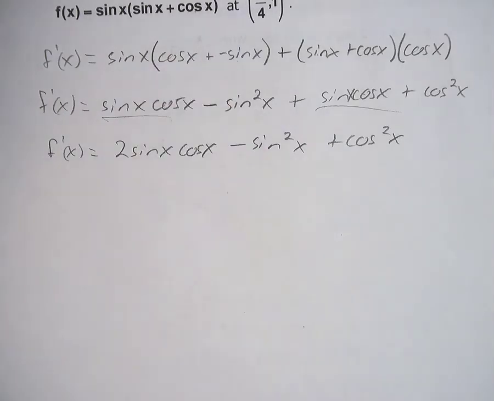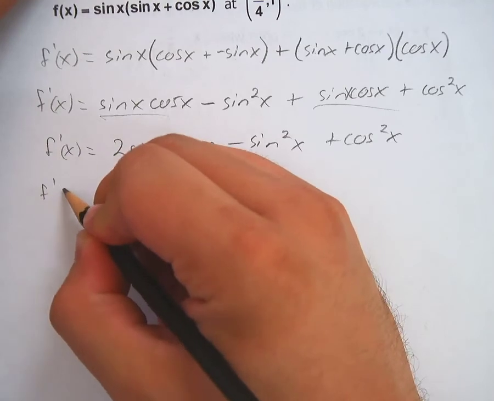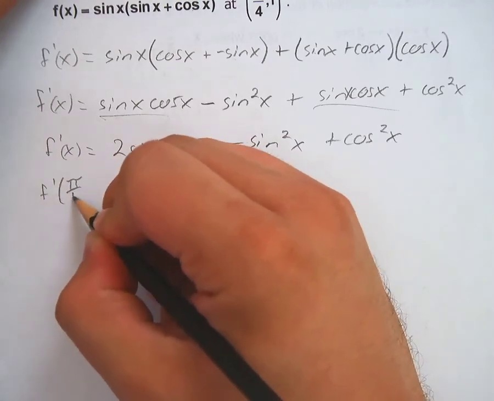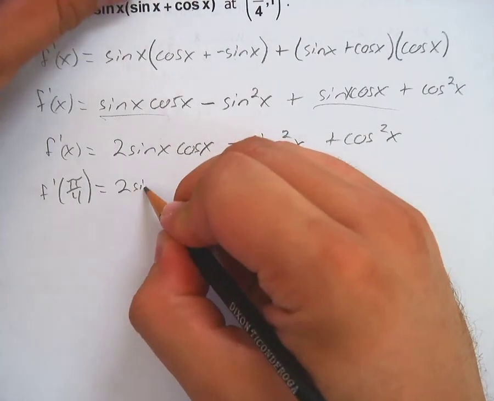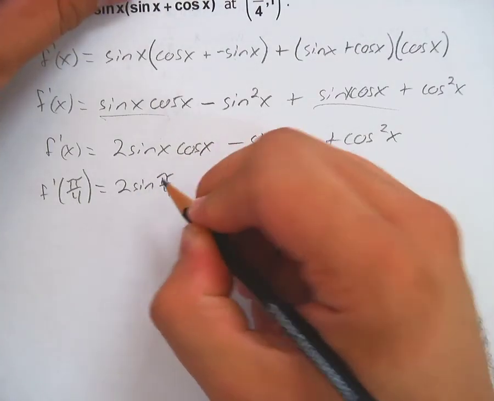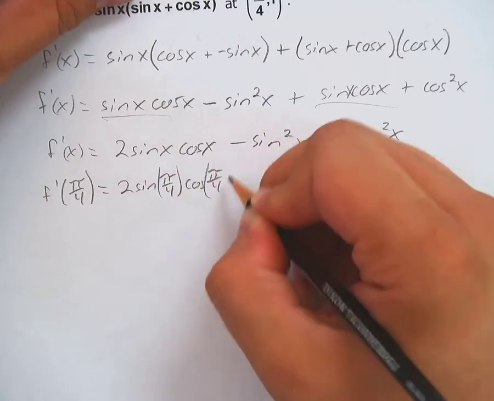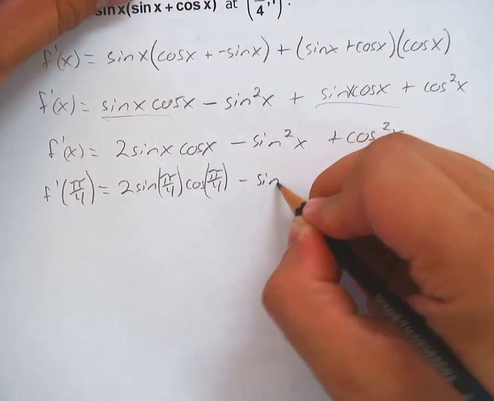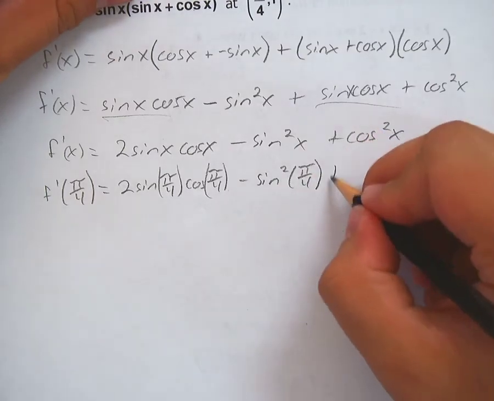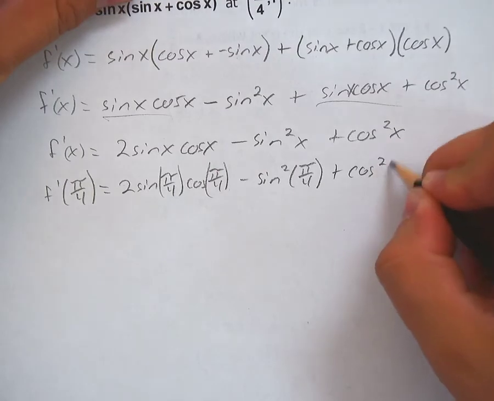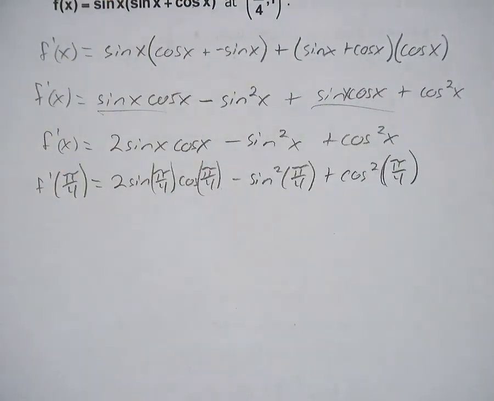That's fine. Plug in pi over 4. So it's f prime of pi over 4 now. That's 2 sine pi over 4 cosine pi over 4 minus sine squared pi over 4 plus cosine squared pi over 4.